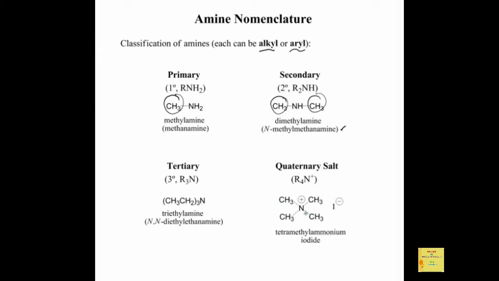But any nitrogen with 4 bonds is now going to be a charged nitrogen. So this is called a salt. It's called a quaternary ammonium salt. This is called tetramethyl ammonium iodide. Ammonium means we have an N+. And so it is possible to have even 4 groups on a nitrogen, but that's going to be an ionic compound.